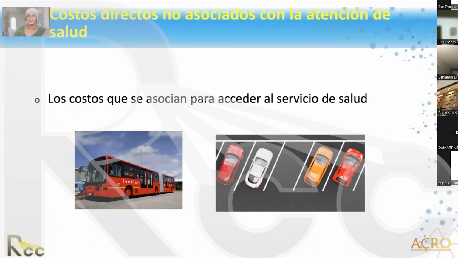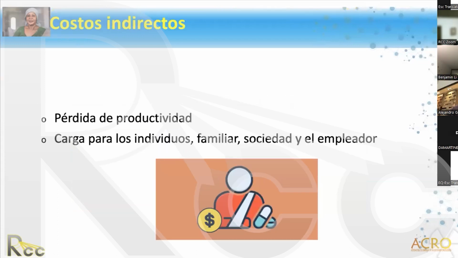And there's also a cost if I'm in a car: I will have to pay for the parking lot for X amount of time. So patients need to pay these in order to have access to the health service, although they're not part of the healthcare service. There are other indirect costs, which is the loss of productivity.